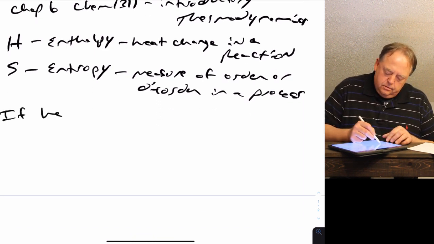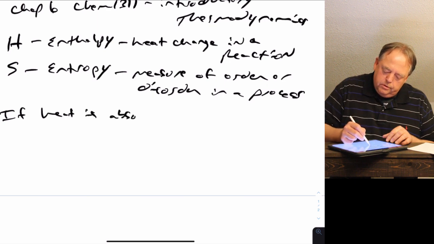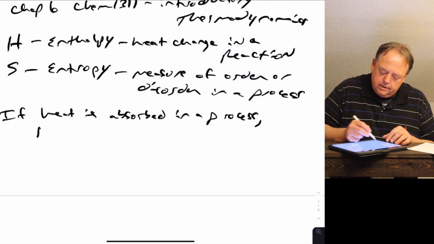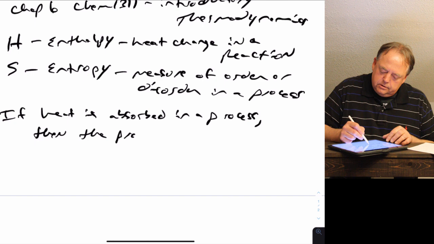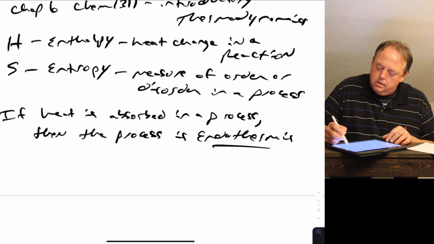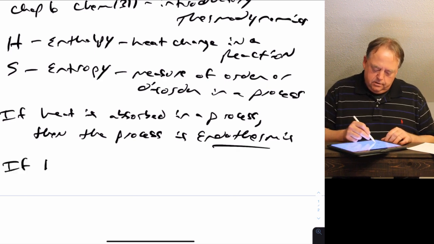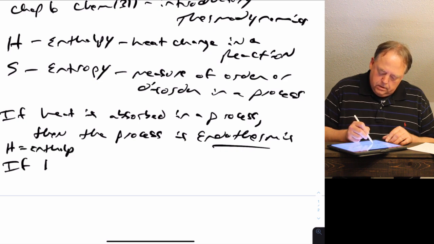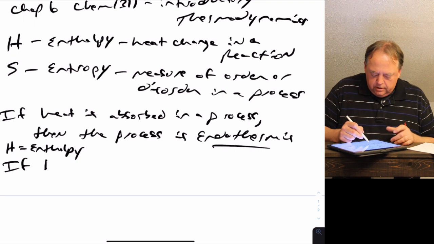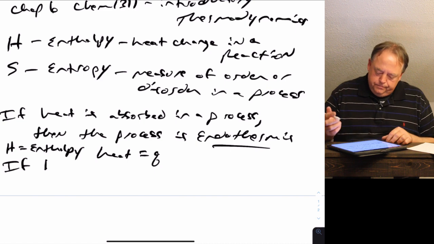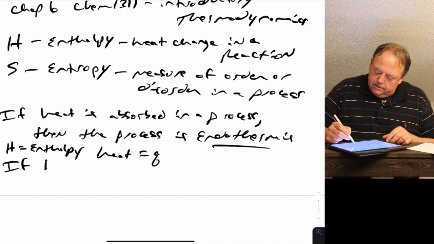So if heat is absorbed in a process, then the process is endothermic. So enthalpy, represented by the symbol H, is basically heat, which is often represented by the symbol Q. So if it's endothermic, then heat Q is greater than 0.